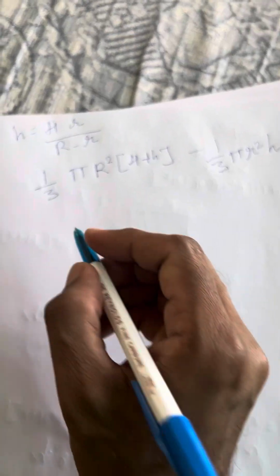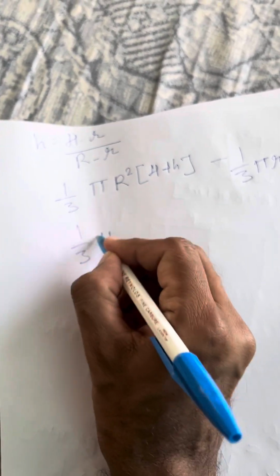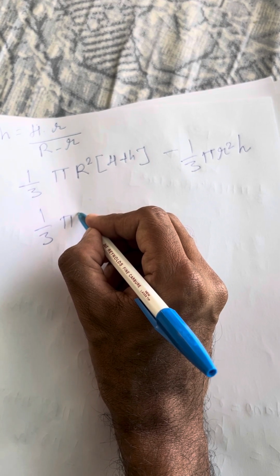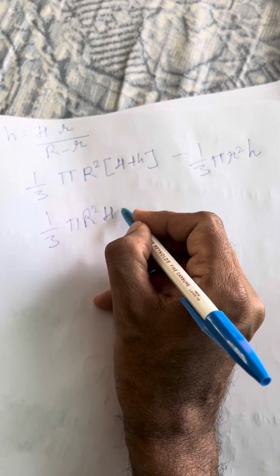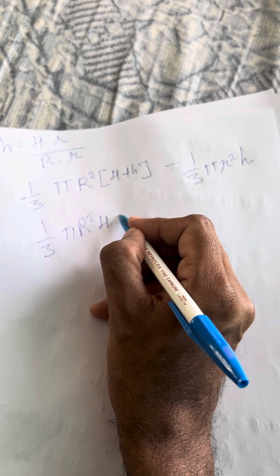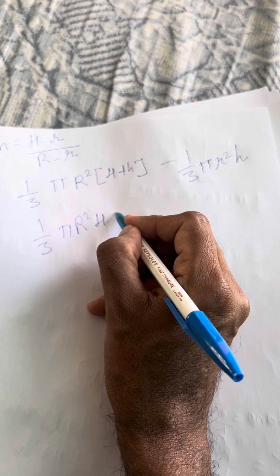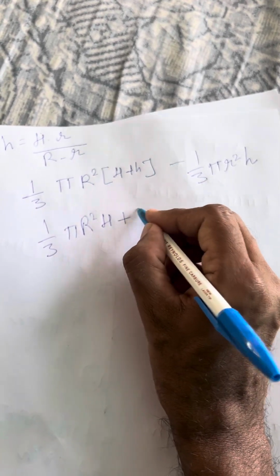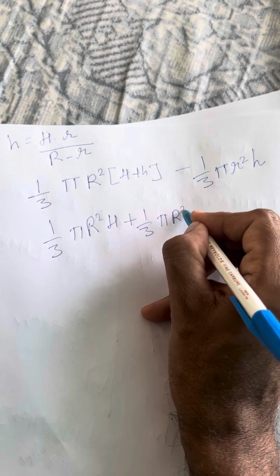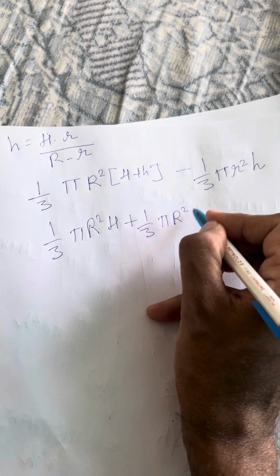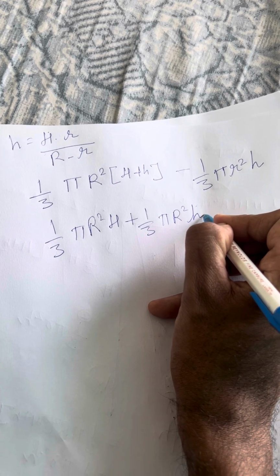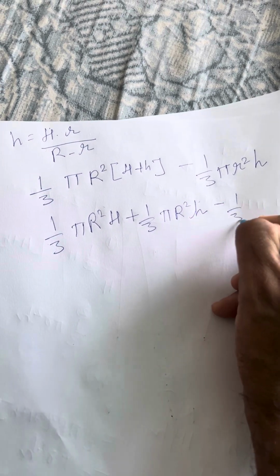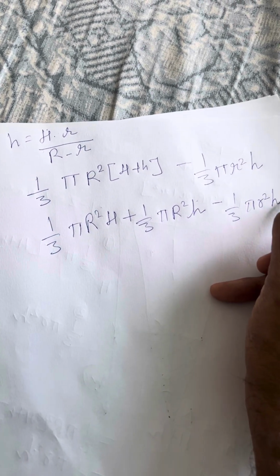So what I will do now: 1 by 3 pi R square H plus 1/3 pi R square h minus 1/3 pi r square h.